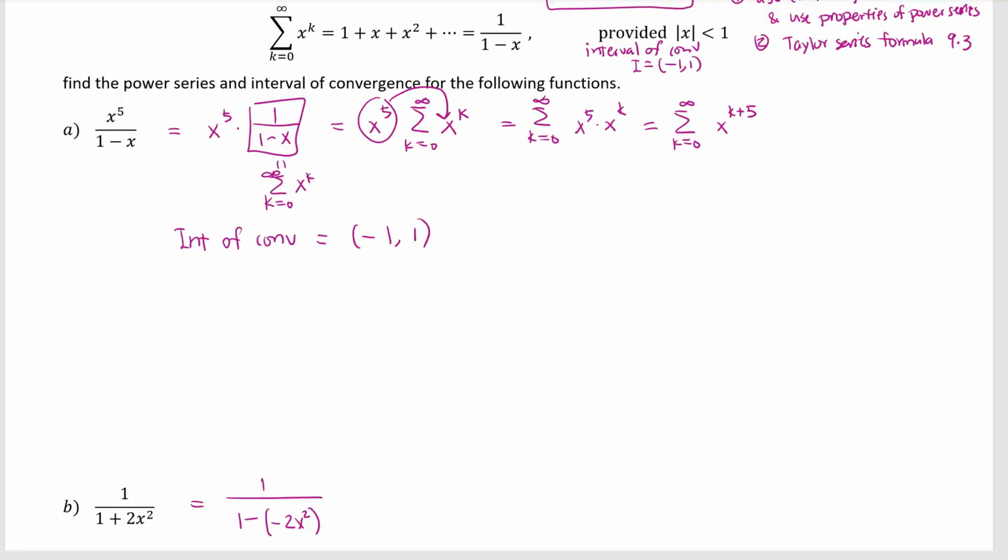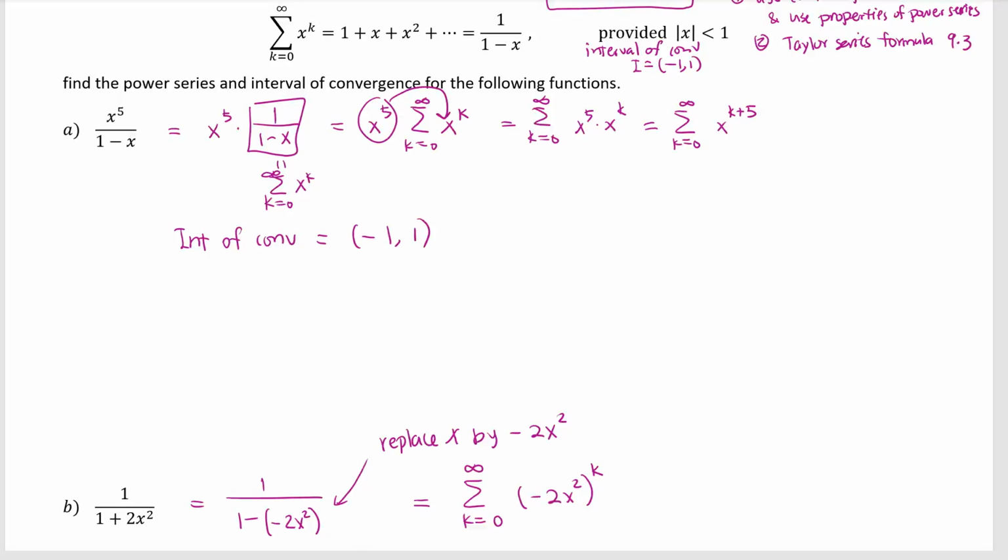So it's like we replace x by -2x squared. Okay, so now we know this guy is the sum for k from 0 to infinity, and it was x to the k. Now we replace x by -2x squared.